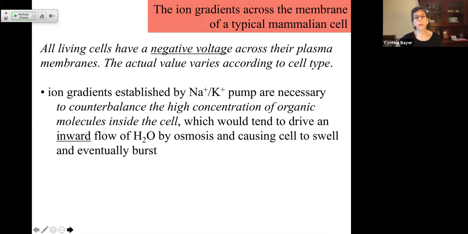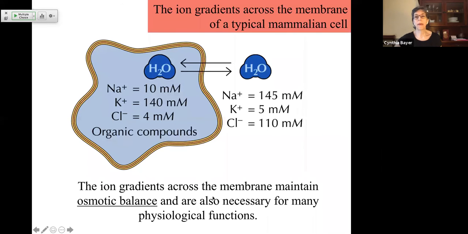So the fact that our cells maintain not only this negative voltage across the membrane, but maintain a steep gradient of sodium ions such that there's a much higher concentration of sodium outside the cell than inside.